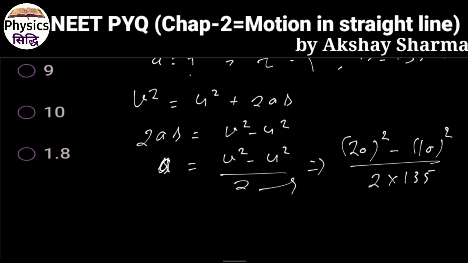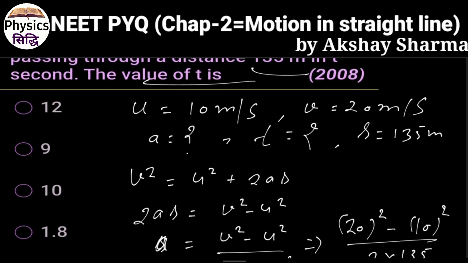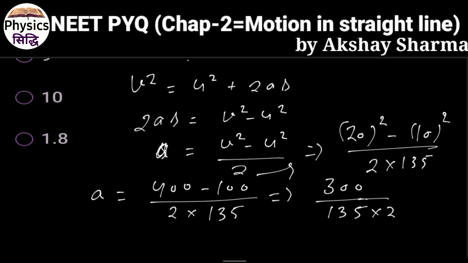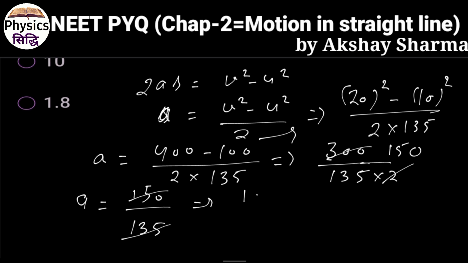So a becomes 400 minus 100 upon 2 into 135, which comes out 300 upon 270, so a becomes 10 by 9 meter per second square.